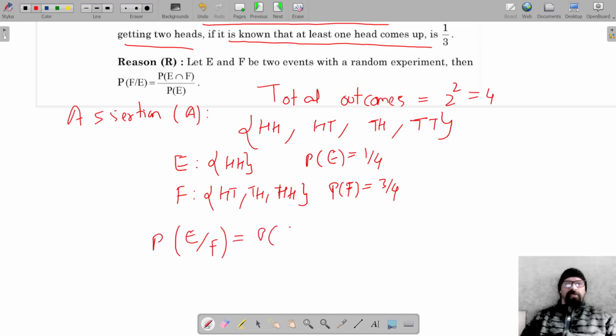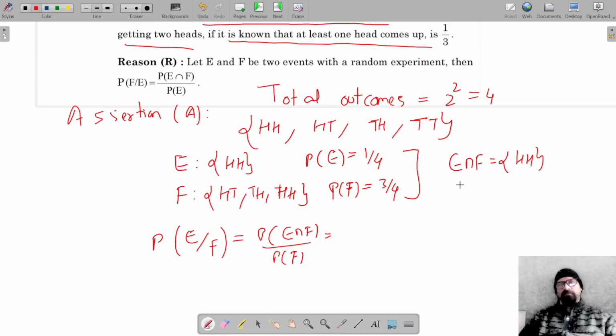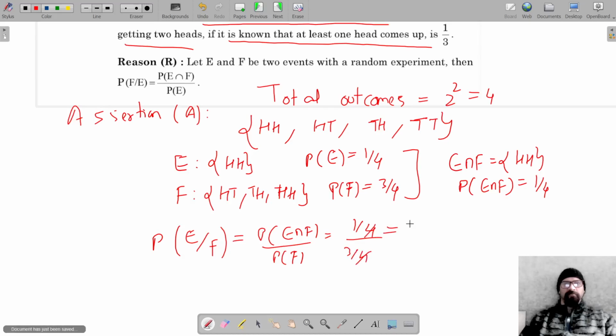This is given by the formula probability of E intersection F upon probability of F. And what is common between E and F, that is E intersection F, is HH. So the probability of E intersection F is also 1 by 4. So probability 1 by 4, and probability of F is 3 by 4, which gives me 1 by 3.